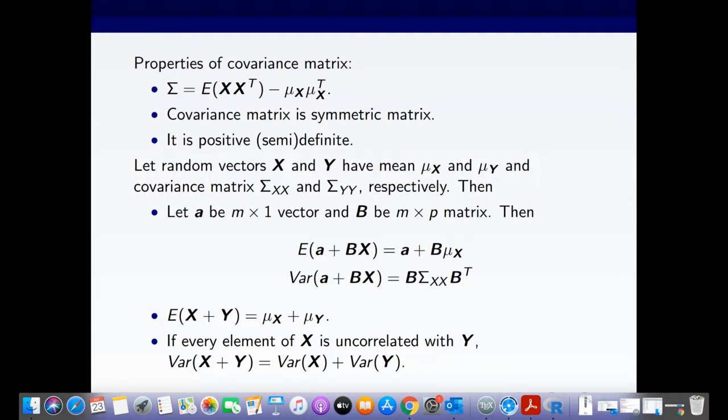When you have just the usual random variables, if we allow x to be correlated with y, then you have the variance of x plus variance of y plus 2 times the covariance of x and y. Okay, thank you.